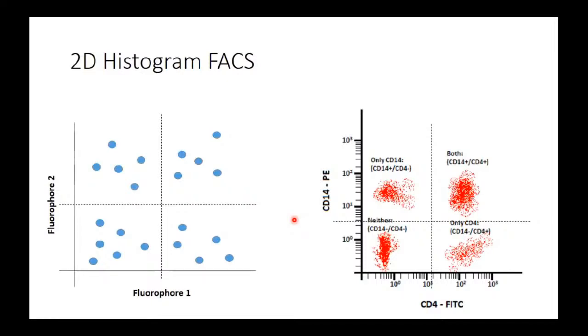Can you imagine 10 lasers and 30 detectors? So you can analyze many proteins and many cells at one time. But of course, the data then will be much more complex than this data. This is a very simple data. If you want me to talk more about this, then write me in the comments.